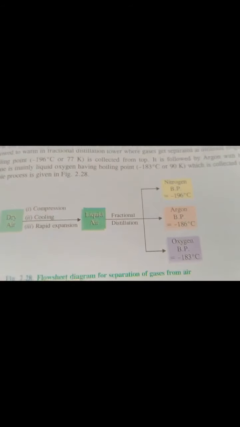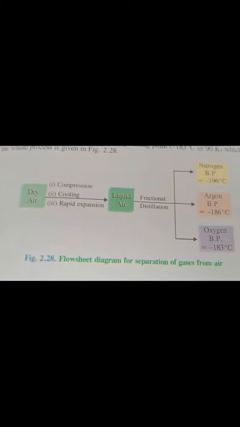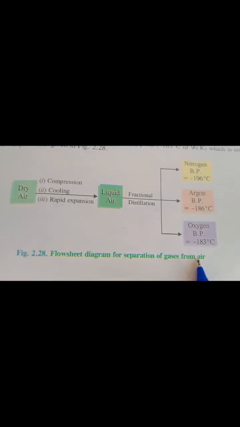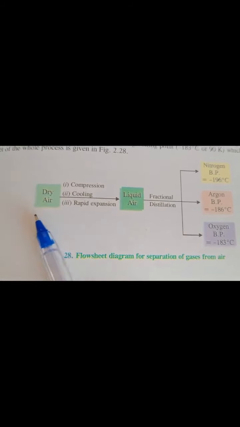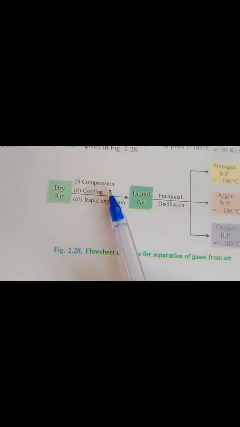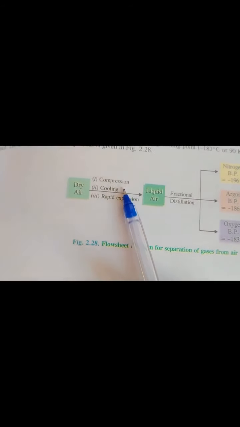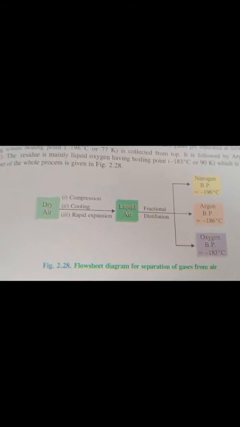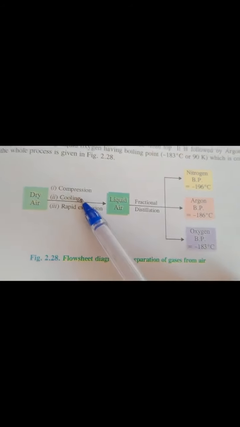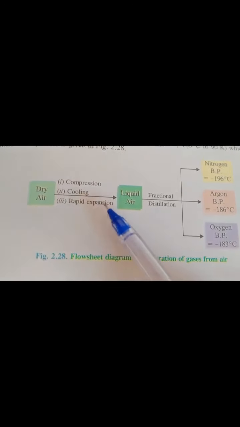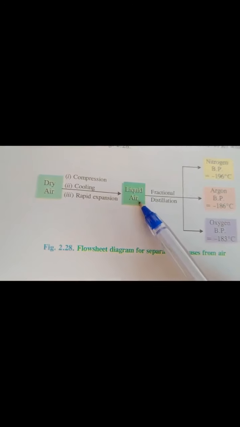Now we will read something about the separation of air. For separation of air, what we have to do? First we will take dry air. Then the dry air is compressed, so the particles become closer and closer. Then it is cooled, and rapid expansion of particles occurs, so we can have liquid air.